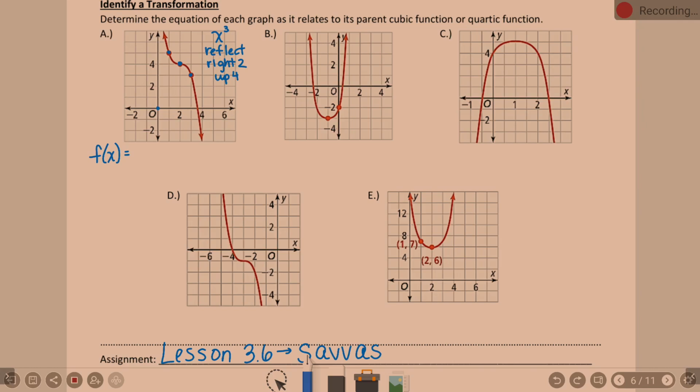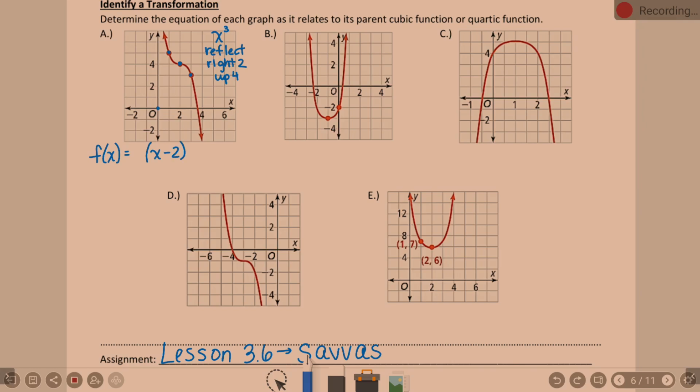Now, think about how we write this. How do we show a right 2? Minus 2 in parentheses, yes? So I'm going to start by saying in parentheses, x minus 2.